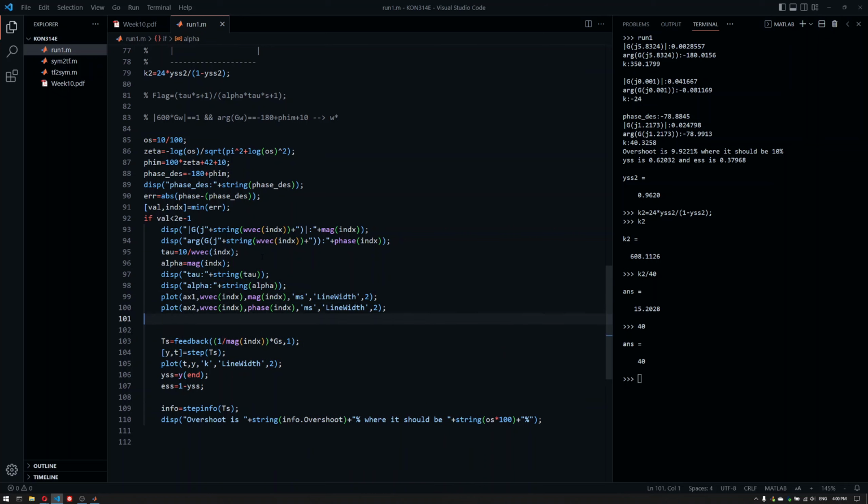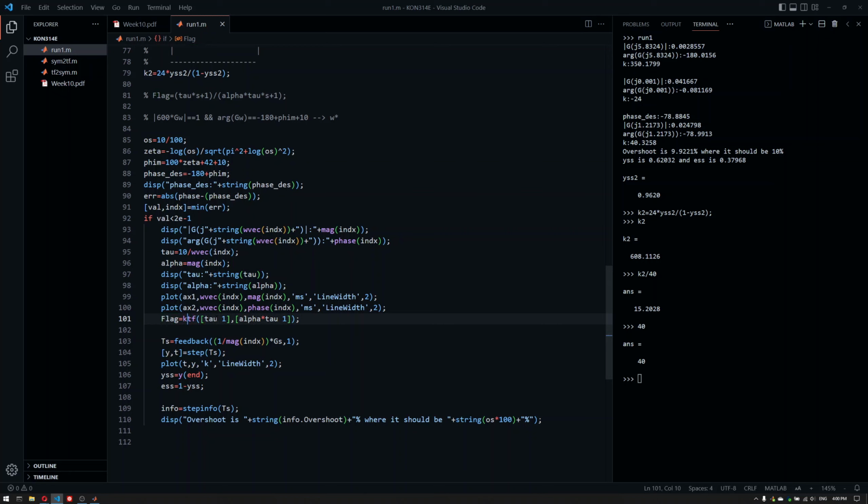So once we've done that, I did have this one here. So let's define our transfer function based on this. So it's going to be tf, and then it's going to be tau, and then 1, comma alpha times tau, then 1, and that's going to be it.